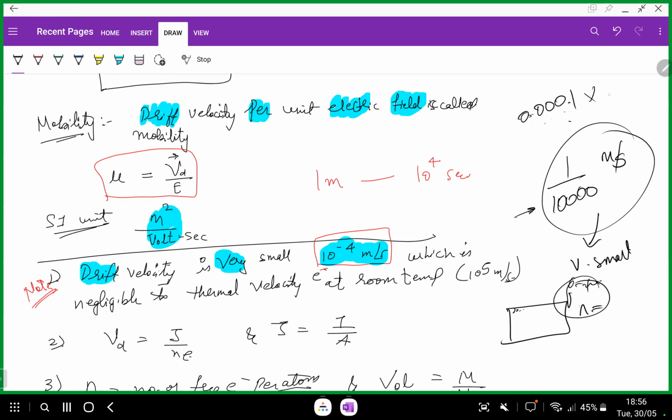If I keep adding this millions of times, the value increases. These are not just one electron but millions of electrons. That is the reason that when we switch it on, even though the drift velocity is 10 to the power minus 4, it will get on instantly. It will not take much time, due to the number of electrons. Got it?